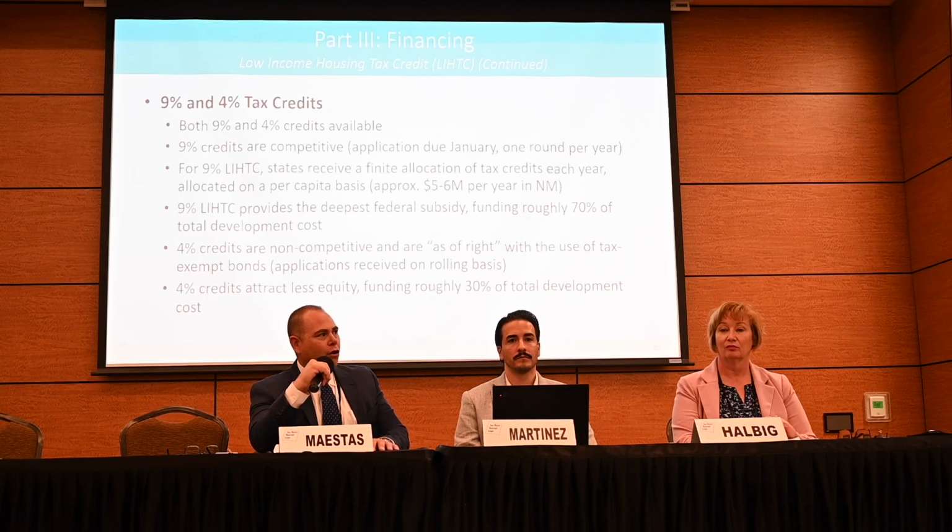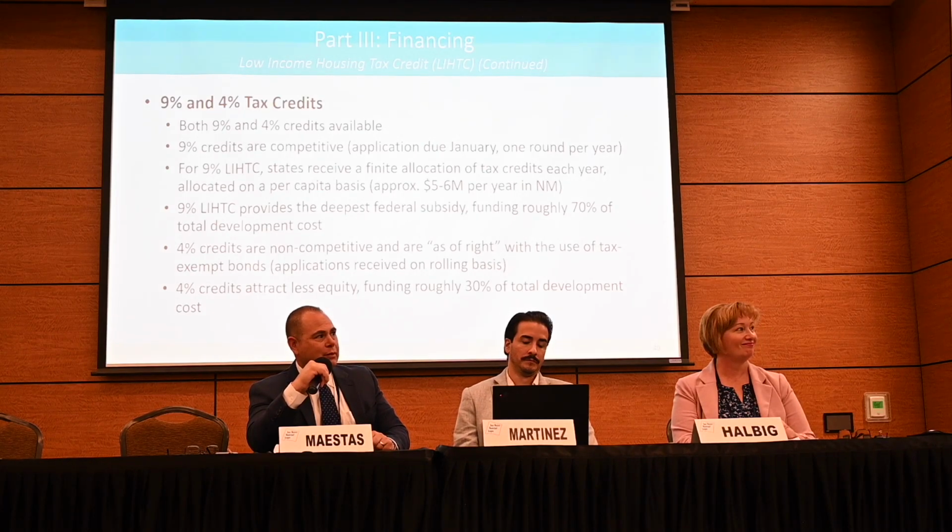The 9% are competitive. We have an annual application round, and so right now it's in January. It's been in February since I've been around, but right now we accept applications in January. It's only one time a year.